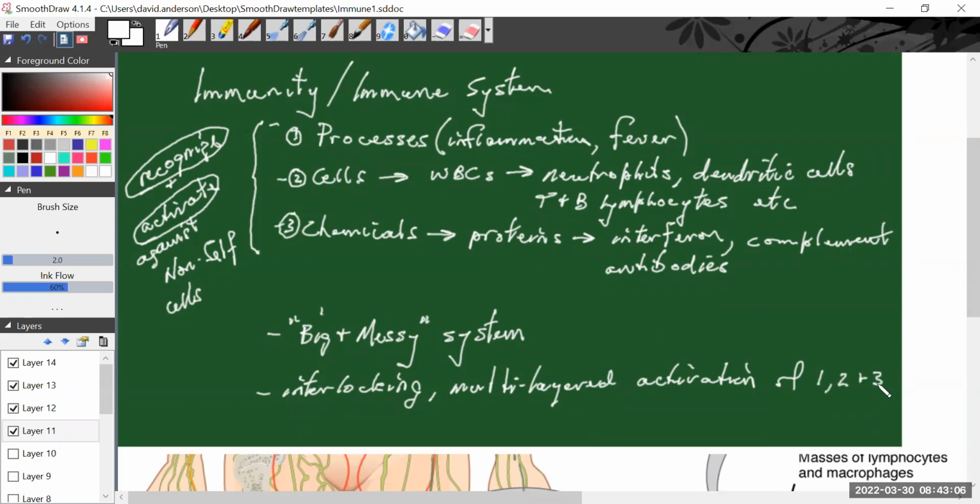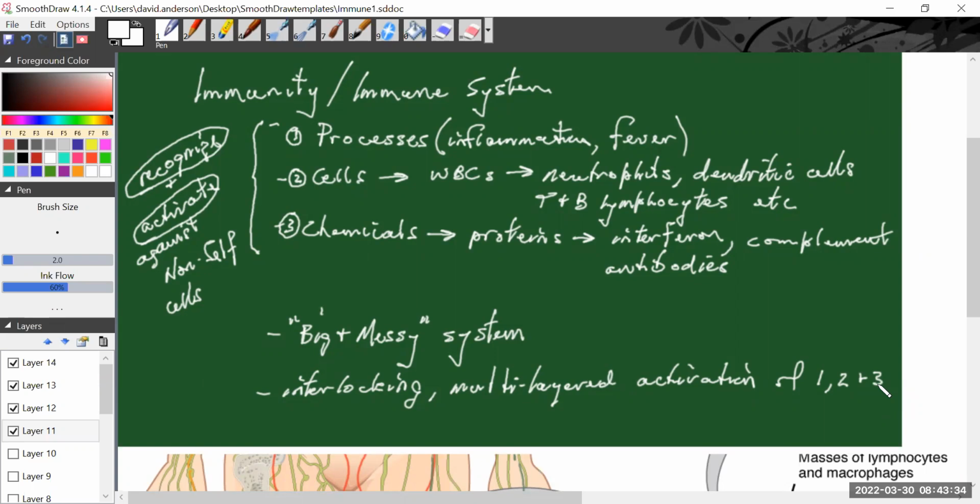So we're not going to activate one cell and say, okay, you do your job. If you can't do your job, we're going to recruit somebody else. We are going to recruit, but we're not going to wait until the first group of actions has gone through a whole series. We're really literally going to throw the kitchen sink of the immune system at the entire problem. So we're going to see what we would describe as positive feedback in an immune response.